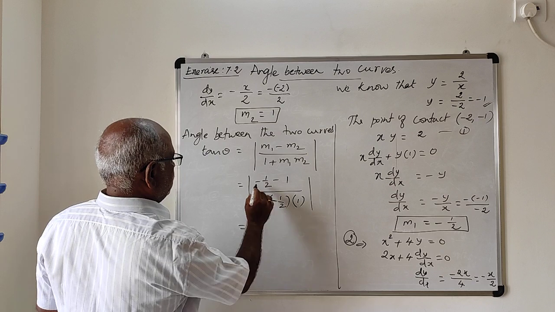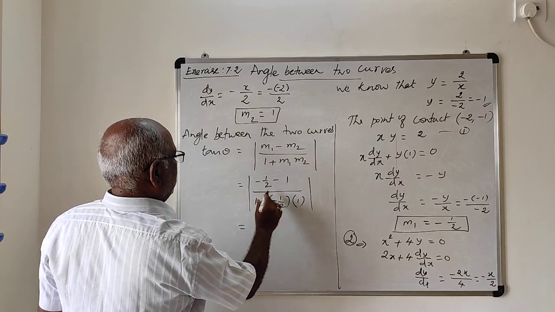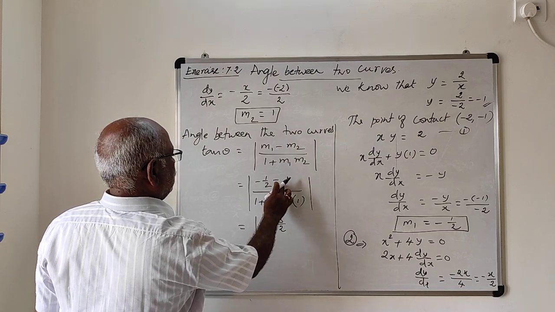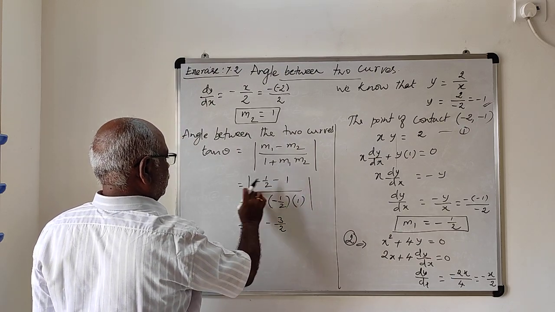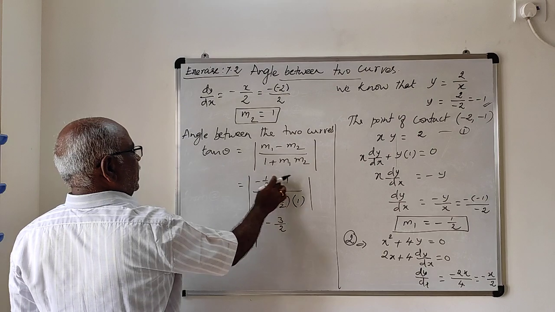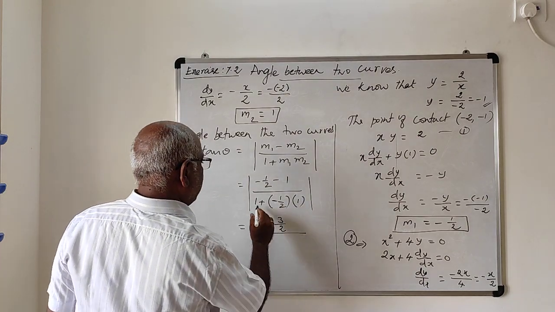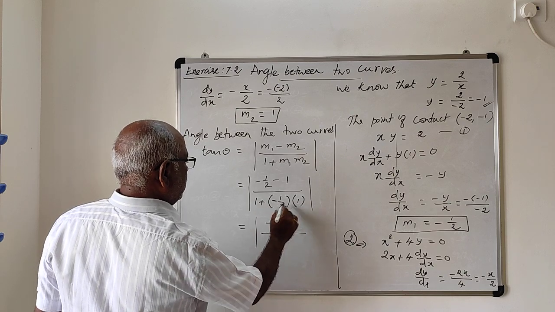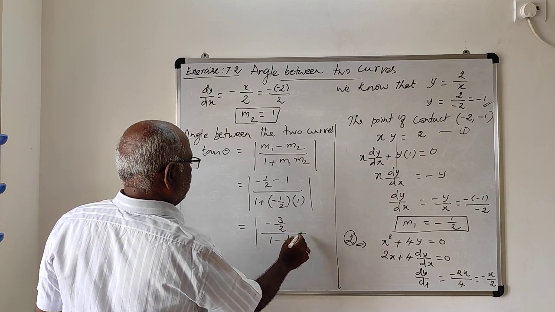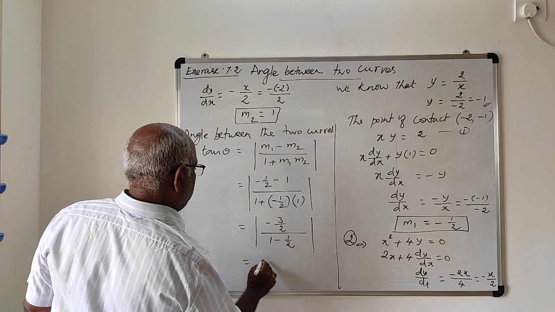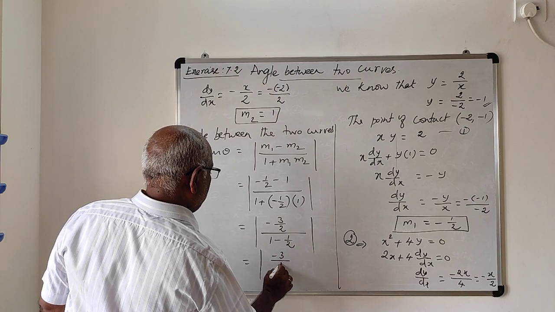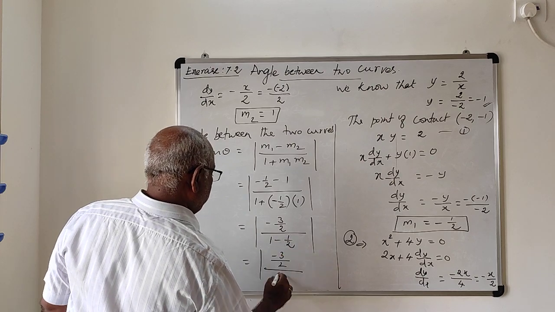So the numerator is minus 1 by 2 minus 1, LCM 2, which is minus 3 by 2. The denominator is 1 minus half into 1, which is 1 minus half. So that is equal to mod of minus 3 by 2 by 1 by 2.